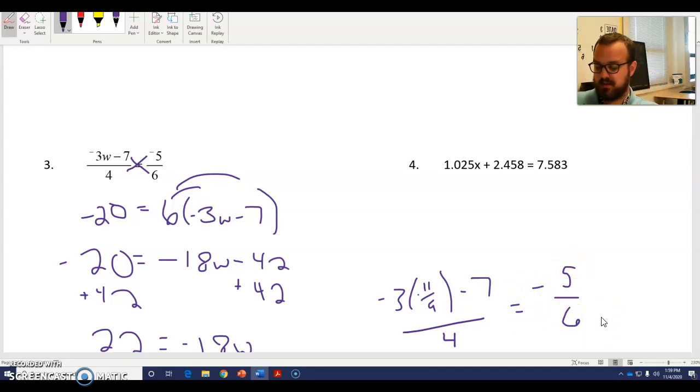So I'm going to say, all right, -3 parentheses -11/9 minus 7, and that whole thing I need to put in parentheses so I can put it over 4. Okay, and I got -5/6. Okay, that means we're good to go. Our check step worked out.